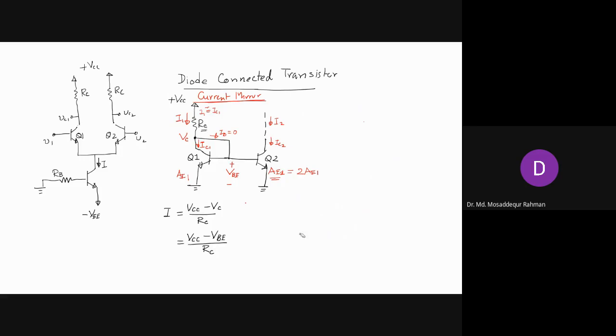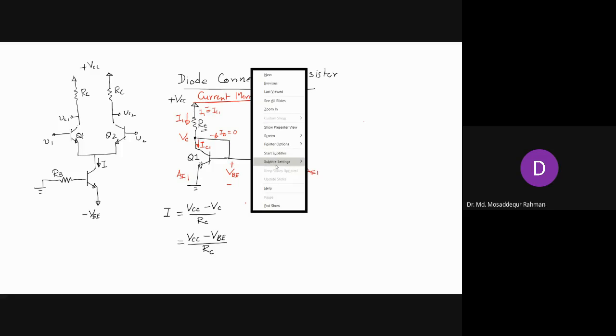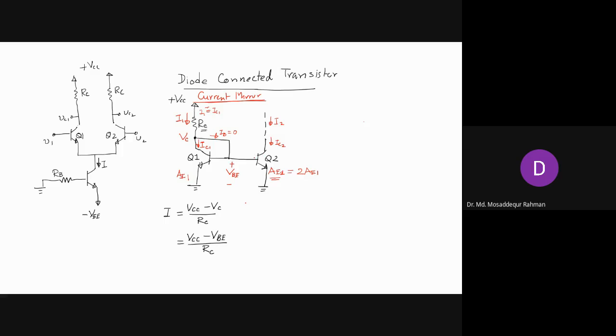So this is one, the beauty of this one, that we can have any amount of current, right, according to our requirement in our Q2. The other beauty is that we can reproduce this in a number of stages. So this is one transistor.